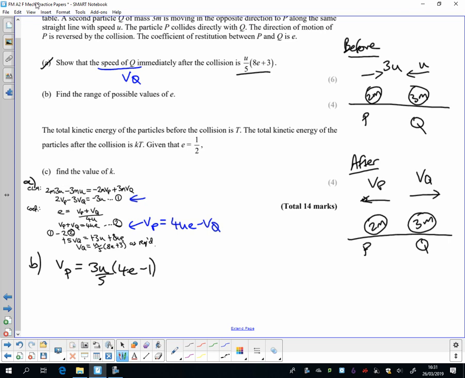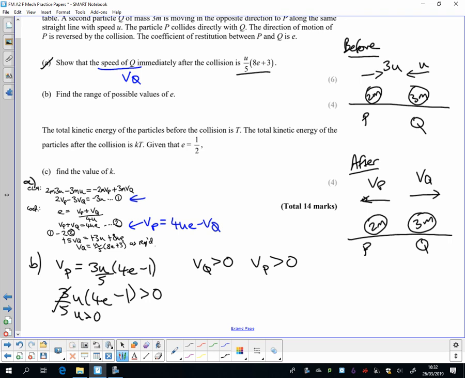Okay, so now I've got velocity of Q and velocity of P. Well, what do we know? We know that both of these must be greater than 0. So, for example, using velocity of P, that's got to be greater than 0. Obviously 3/5 is greater than 0, and u is greater than 0, because that's set up in the question.